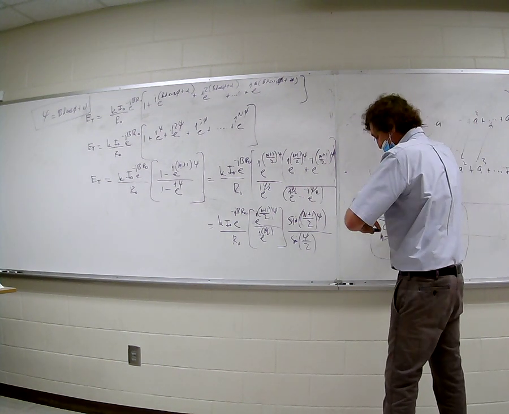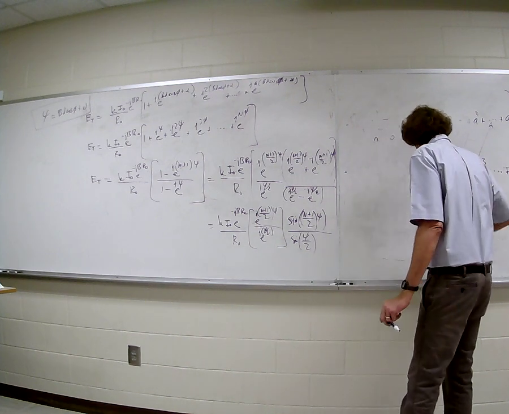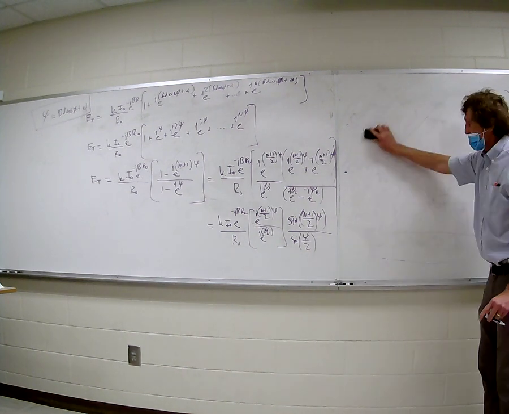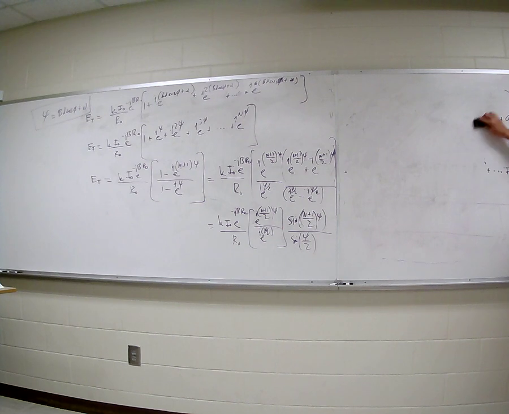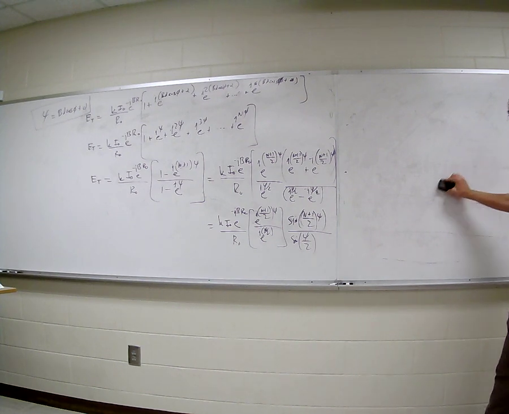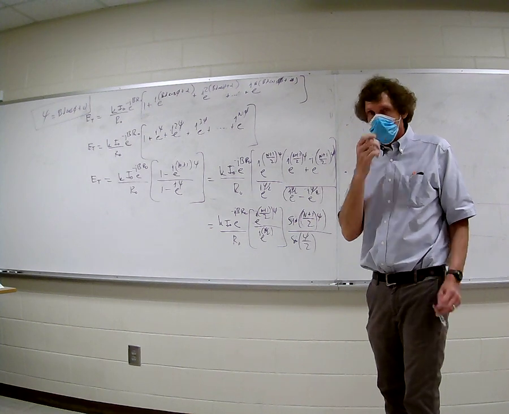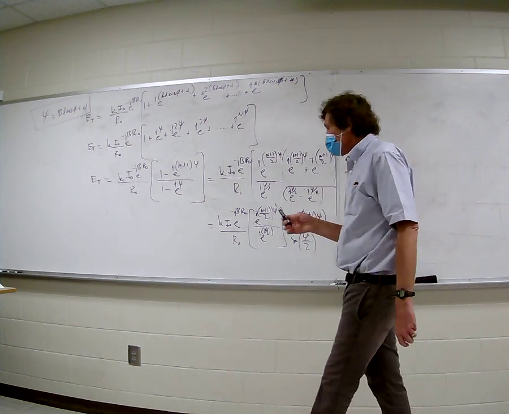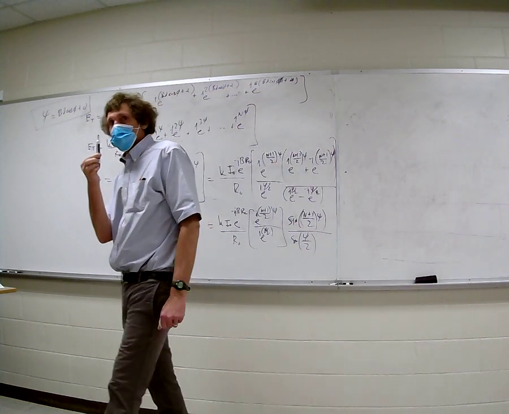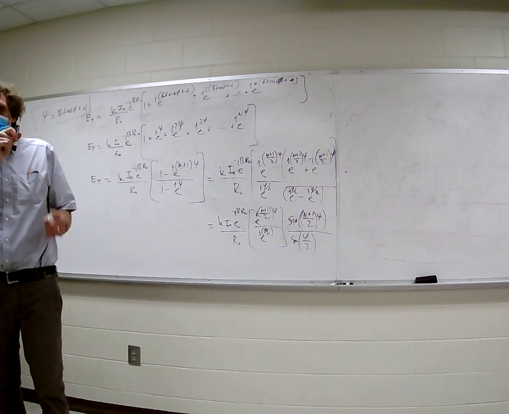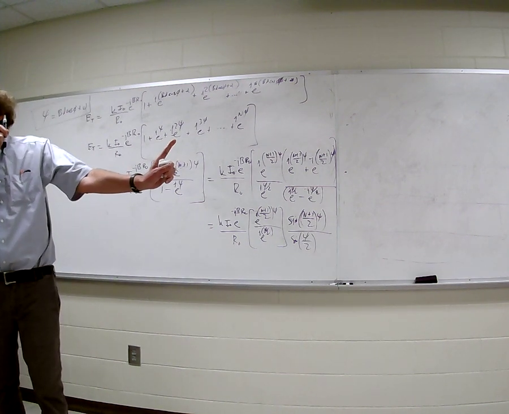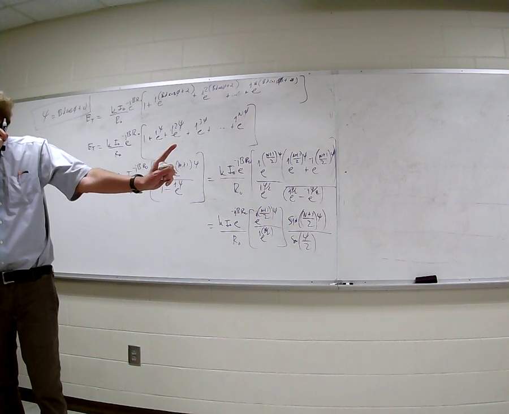Now this is for an isotropic radiator. I'm about out of time. Matter of fact, I am out of time. I don't want to hold you late. What I'm going to do is say that if I have the electric field for an isotropic radiator, I multiply it by the electric field for any antenna that I know of. If all these antennas were half-wave dipoles, I would multiply it by the electric field for a half-wave dipole.